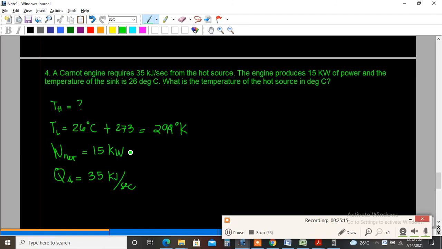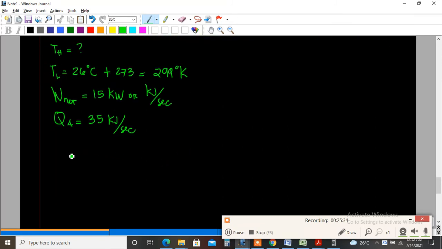Remember, class, that kilowatts is also equal to kilojoules per second. So in order to solve the high temperature, we will use the efficiency formula. Efficiency is equal to work net over the QA, which is also equal to temperature high minus temperature low over temperature high. So we will be able to solve the problem.